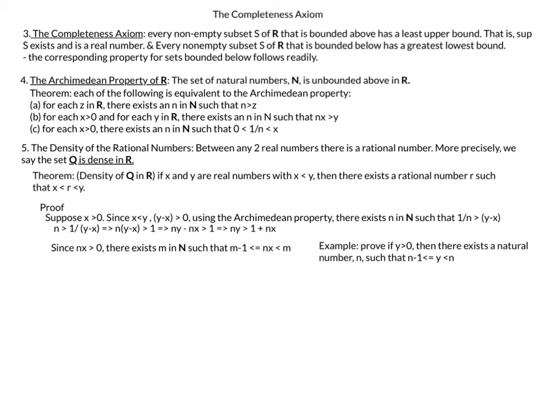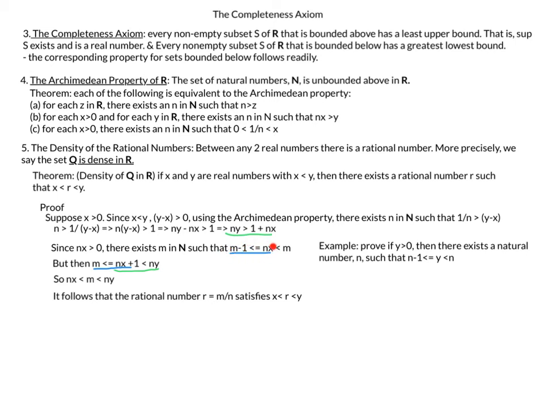Now we're going to focus on nx, and since n is greater than 0 and x is greater than 0, then there exists a natural number m such that nx is sandwiched between m minus 1 and m. And we know that this can be done because we proved that in the previous example. Now I have this inequality. The first part of the inequality comes from this underlined in blue.